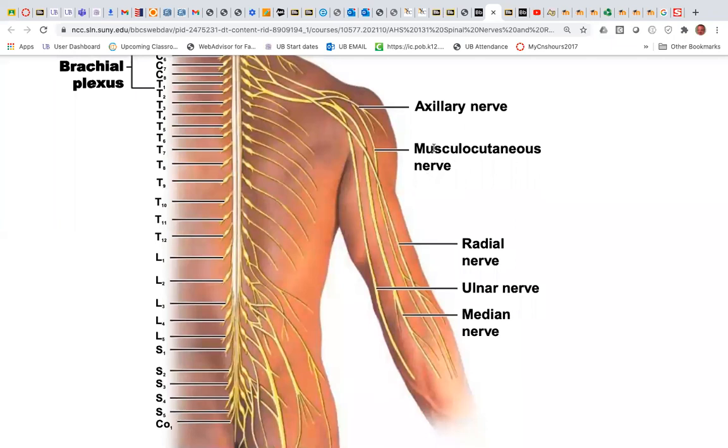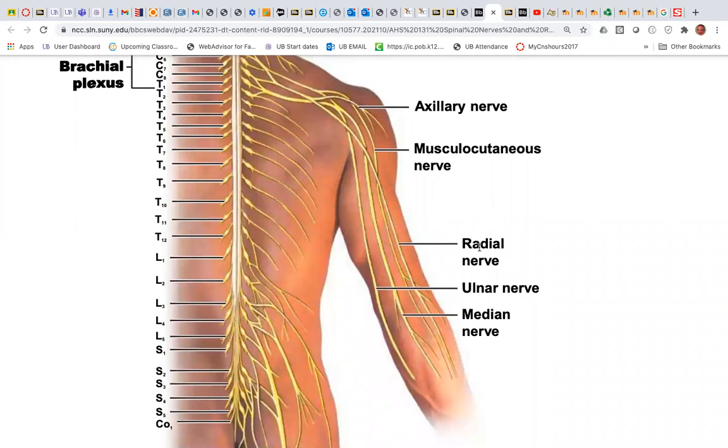The musculocutaneous nerve goes to most of your elbow flexors, like the biceps brachii and the brachialis. Those are major elbow flexors, and that's controlled by the musculocutaneous nerve.